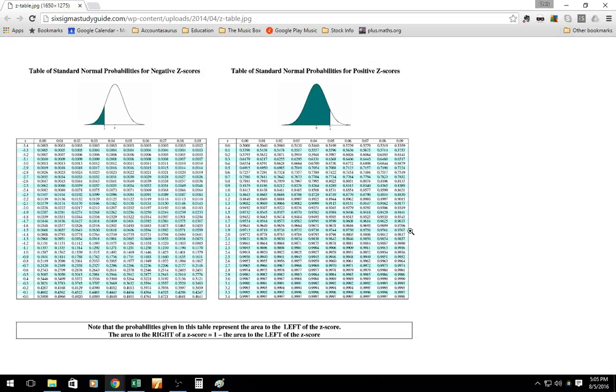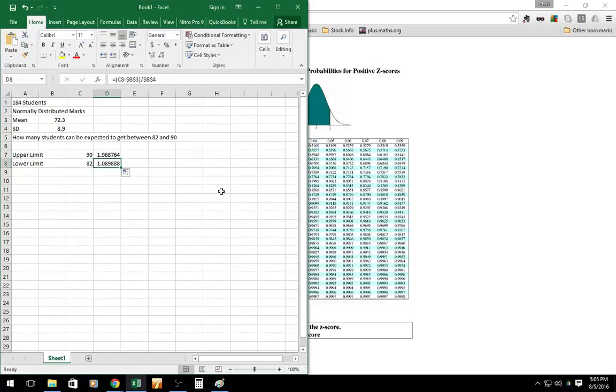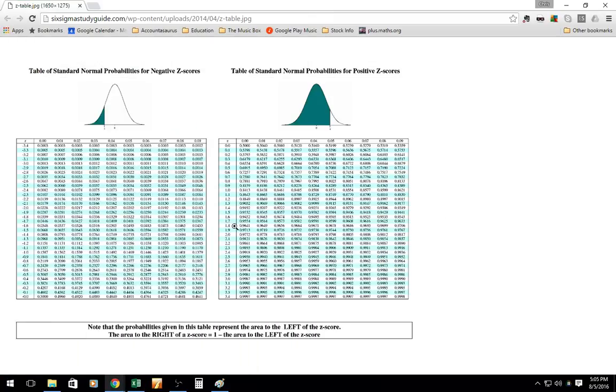97.67% is not bad, but remember, that is the cumulative amount of students that will be up to a test score of 90%. But we still have to subtract off the 82 and below. Let me just check that. Yeah, 82 and below. So that Z score was 1.09.